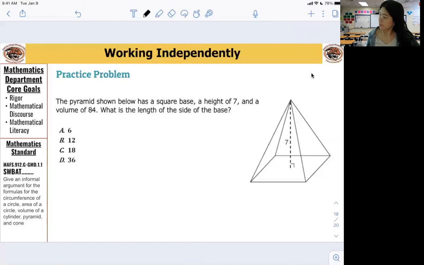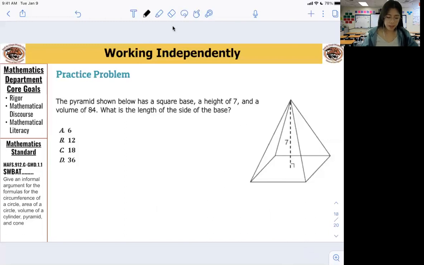I just want to make sure we get to everything. And 5, 4, 3, 2, 1. All right, not bad, not bad. We got most people choosing A. So let's take a look at this one.